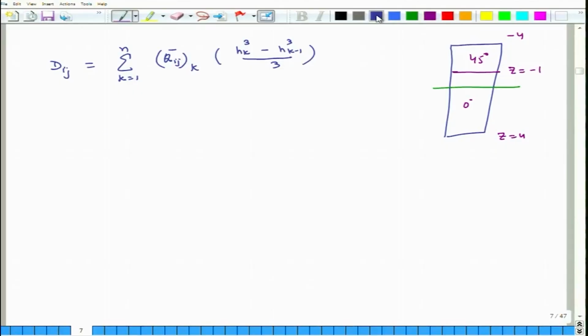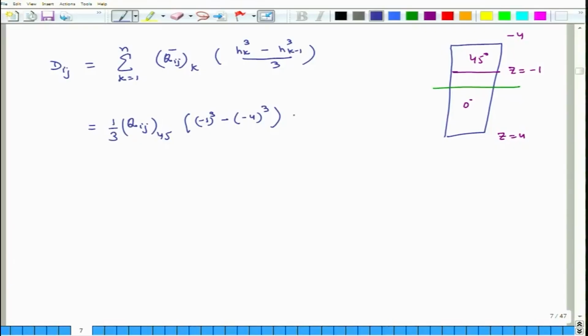So, if I expand this relation for a two layer system, I get Qij bar for the 45 degree layer times Hk minus 1, so it is minus 1 cube minus minus 4 cube, divided by 3.